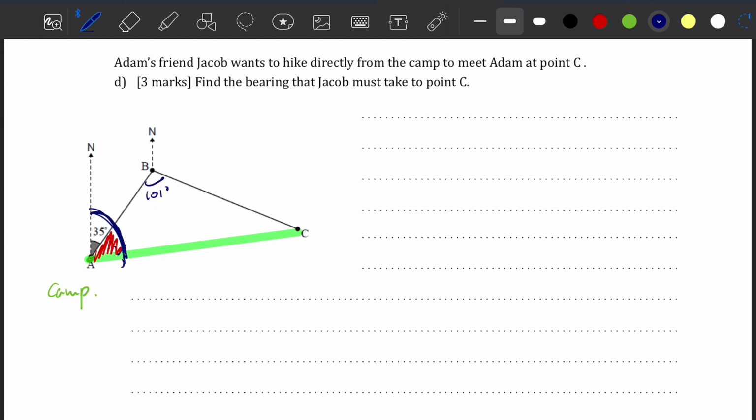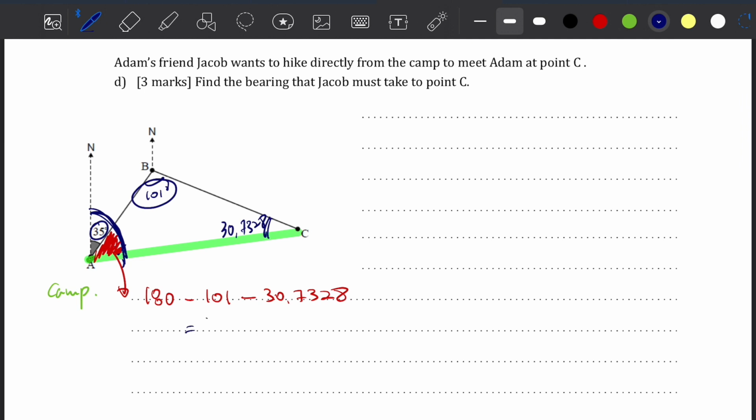Okay, so we know that this is 35, we know that this is 101, and also we know that this angle from point C is 30.7328. Then we can calculate this red part, the angle colored in red. To calculate that angle, we do 180 minus 101 minus 30.7328.